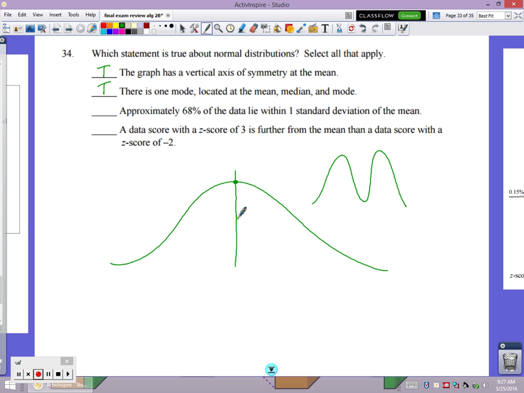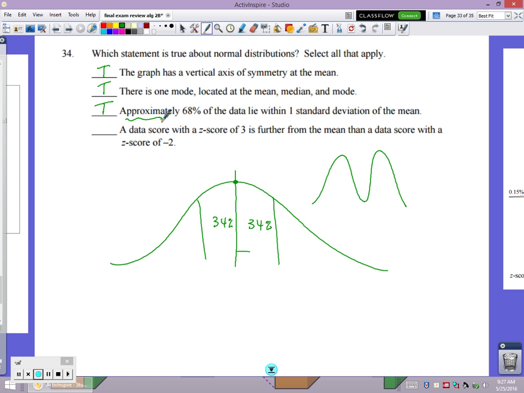And the mean, median, and mode all lie right there. All right. Approximately 68% of the data lie within 1 standard deviation of the mean. Yeah, we were just talking about that. 1 deviation away, and here you've got about 68%. That is true. Right? Because we said this was 34 and 34. Approximately. This is about. This is why we have this word here.